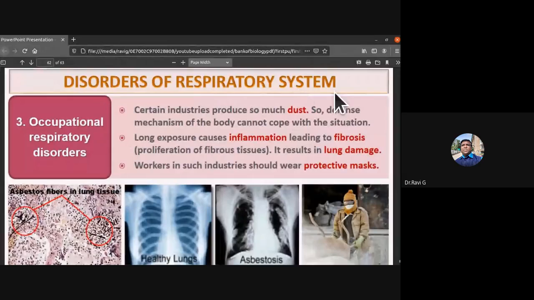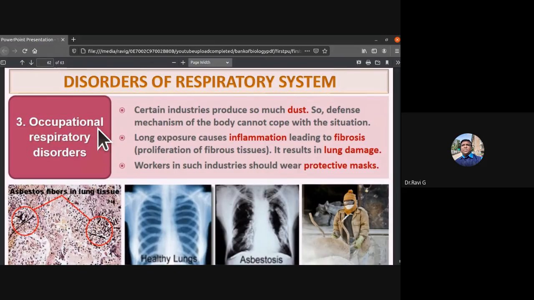The other disorders of the respiratory system I told you about are occupational respiratory disorders. Certain industries produce so much dust. Even we teachers are exposed to a lot of dust. Maybe with online classes it is a dustless process, and today there are dustless chalks, so to an extent the amount of dust teachers are exposed to is less.